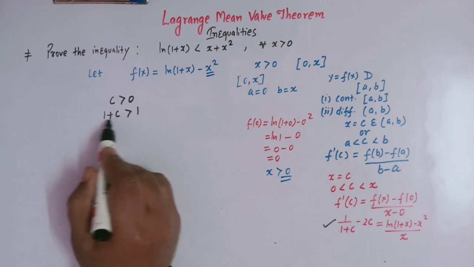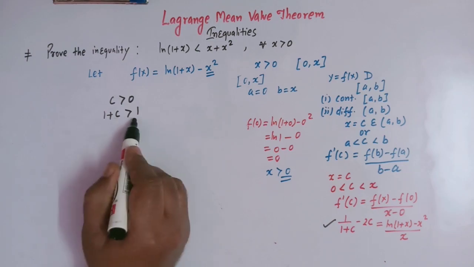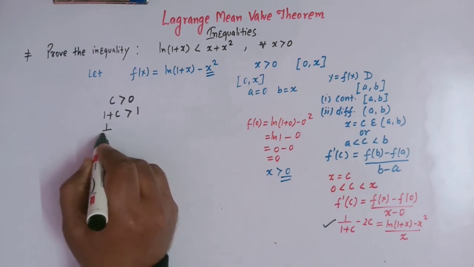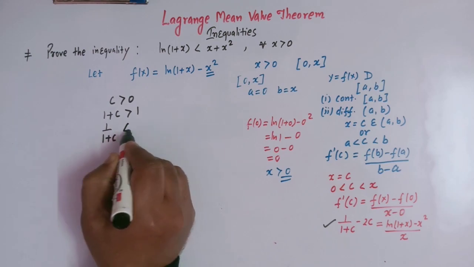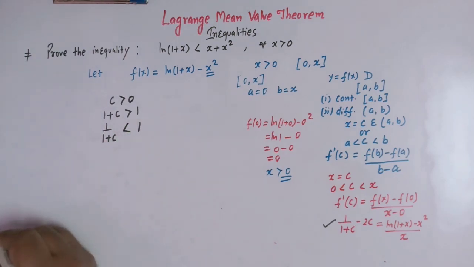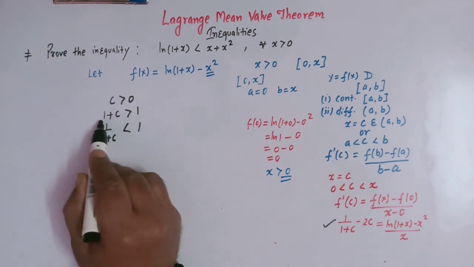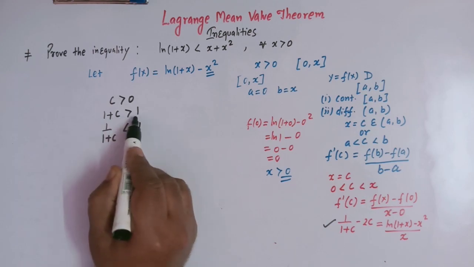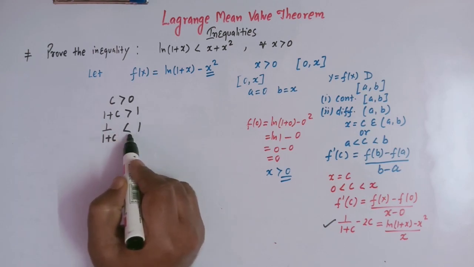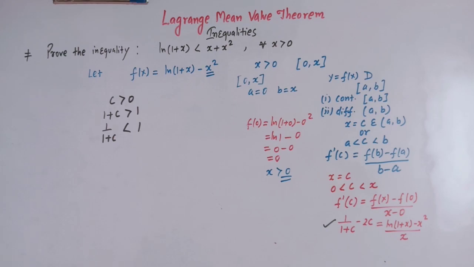Now if we take the reciprocal of both sides, what we will get? We'll get 1 over 1 plus c must be less than 1, right? When we take the reciprocal of both sides, the direction of the inequality gets reversed.